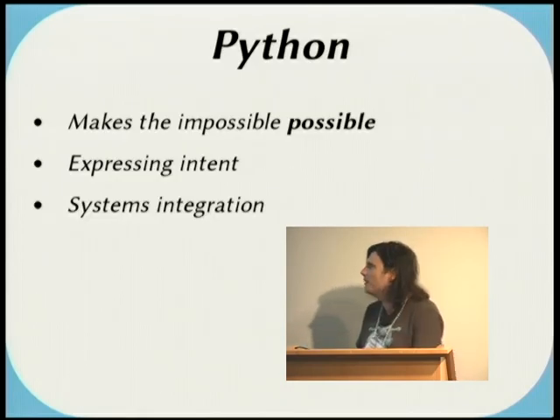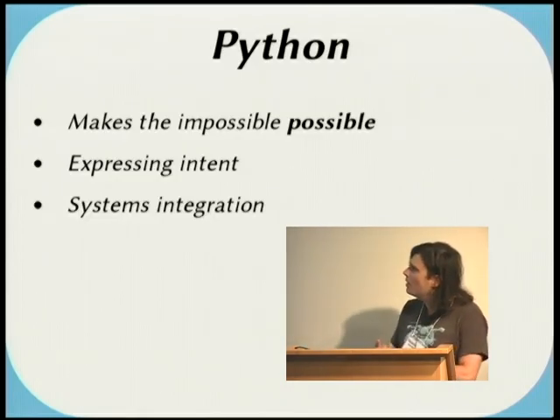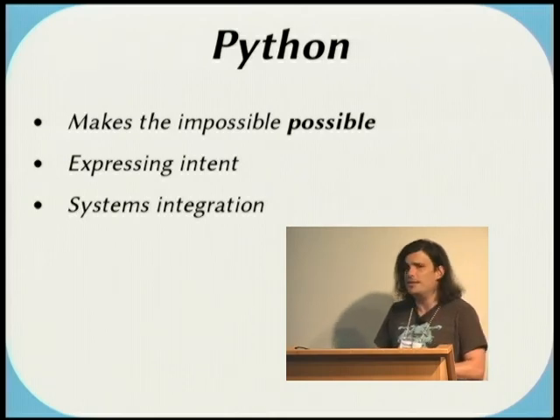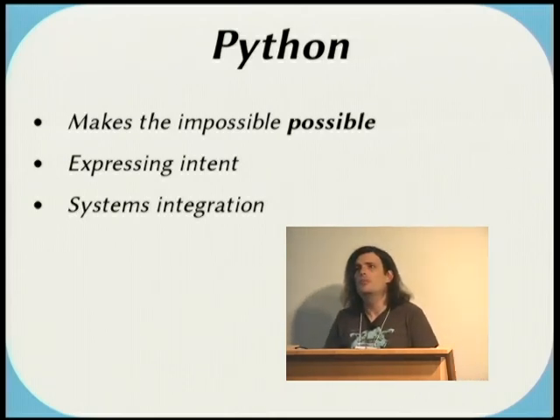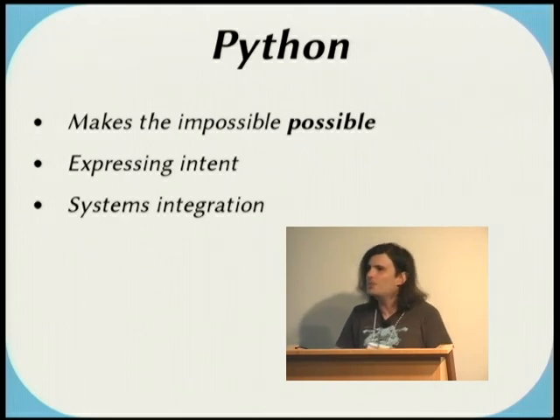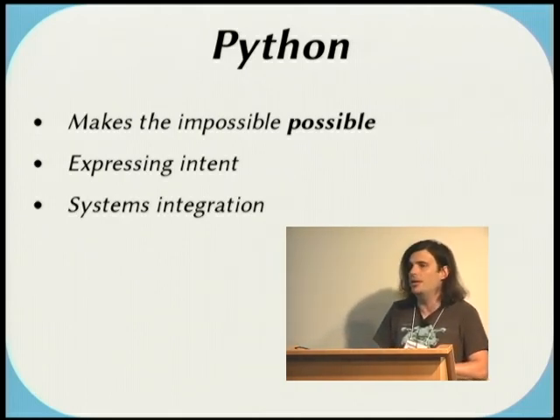So where's Python in all of this? I think Python is really great because just in general, it makes the impossible possible. It's very good at expressing intent. If you can just imagine, okay, I have this video and I have this sequence of images and I want to kind of do this thing with it, you can usually begin working immediately in Python trying to express those kinds of concepts, or at least with the prompt, you can at least make a first step towards it.